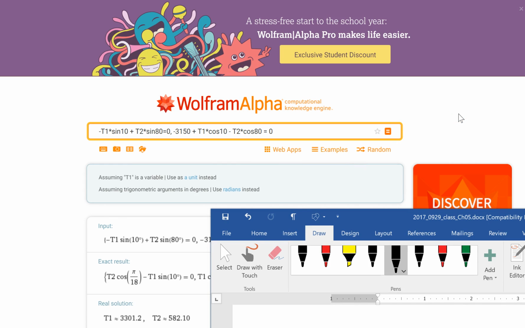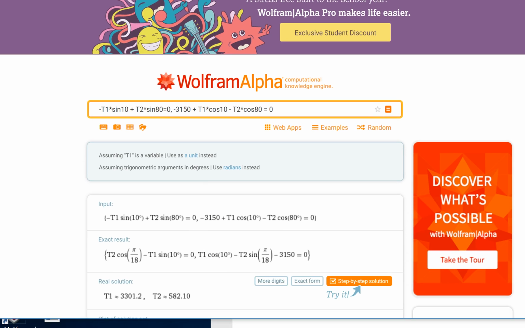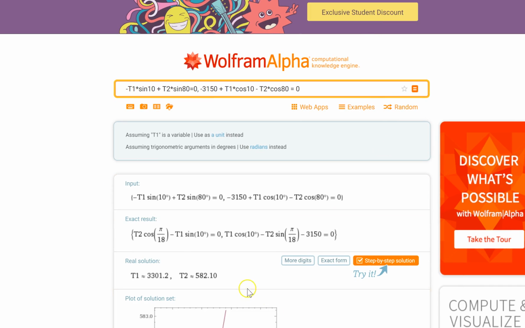And the main thing is to notice that between the two equations there is a comma, and then you enter, and what you will see is that the answer is at the bottom of the screen. It says T1 equals 3301 newtons and T2 equals 582 newtons. And all of this doesn't take very long.